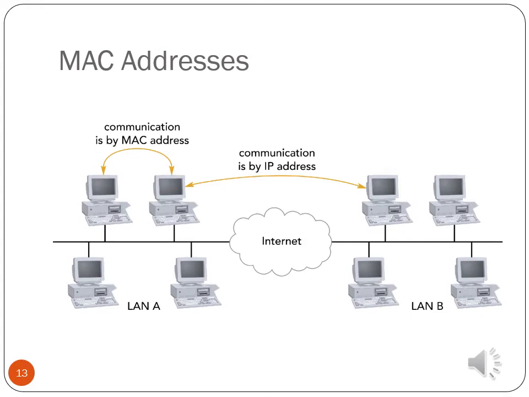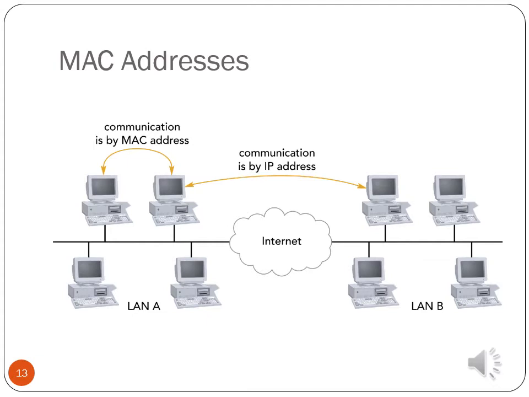All right, let's go back now and look at the MAC address in a little more detail. As I mentioned, the MAC address is built into the hardware of your computer, and it's generally used by Ethernet parts of a network, in other words, the local area network. So what we see here are 2 local area networks that are connected by the internet.